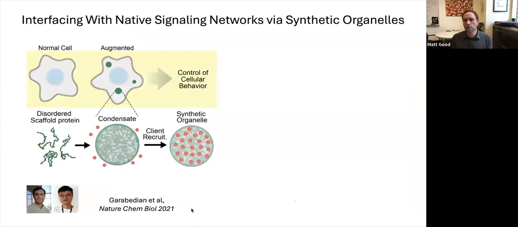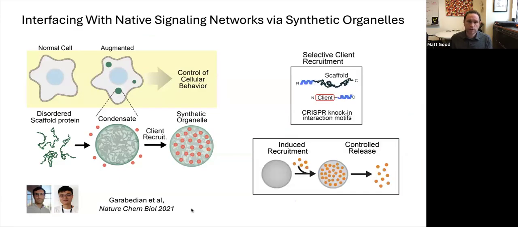Okay, so I want to go through one proof of concept, a study from 2021, where we sought to encode synthetic organelles and use them to target any enzyme or pathway of interest. And the approach, which I mentioned in the last slide, but I really want to codify here: we have a scaffold, which is something that can self-assemble to make a compartment.